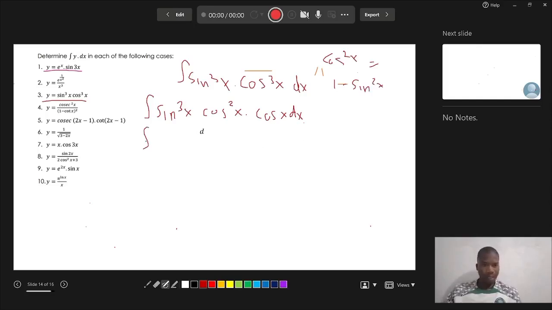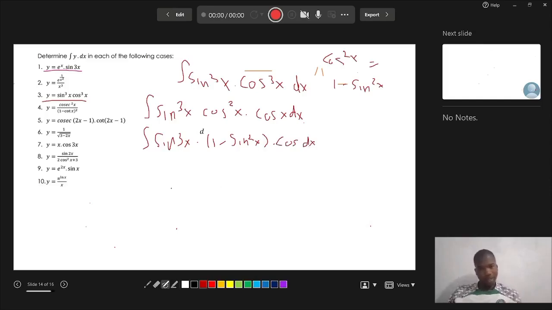Then you say it's sine cubed x multiplied by 1 minus sine squared x multiplied by cos x dx, right?